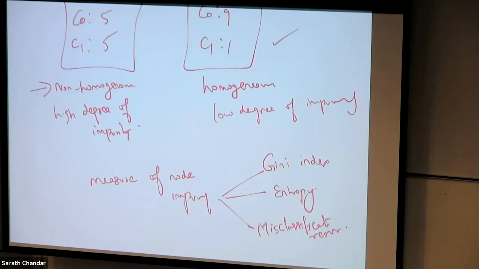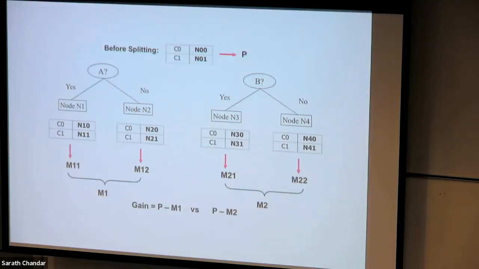Irrespective of which measure you are using, this is the general recipe. Before splitting you had some number of class 0, some number of class 1, right? You compute the measure, let's call it P. Now we are going to consider these 2 possible splittings.